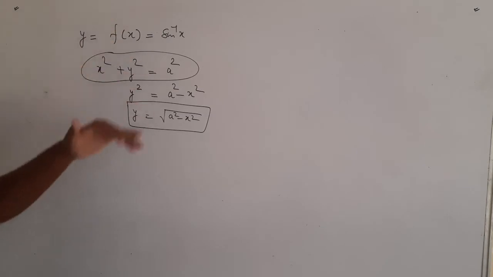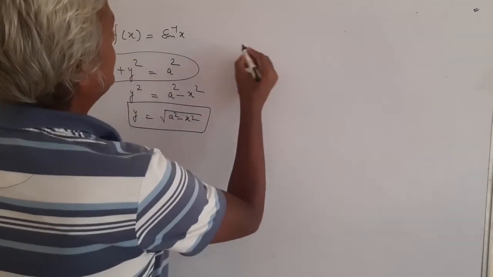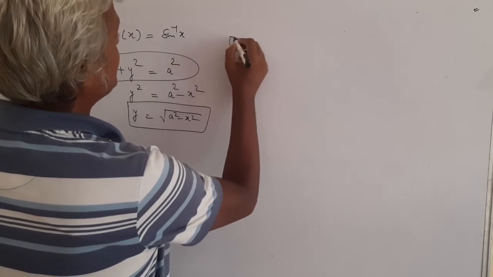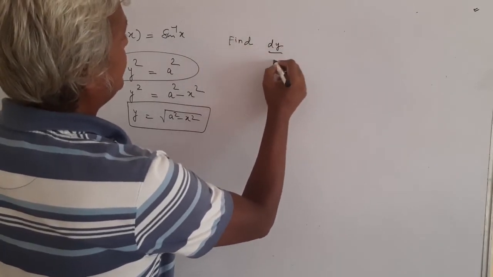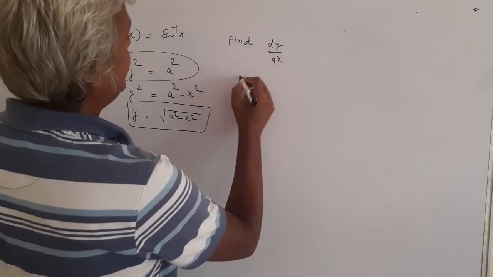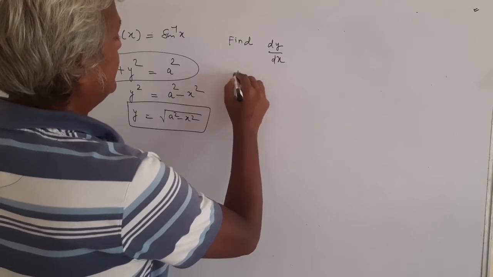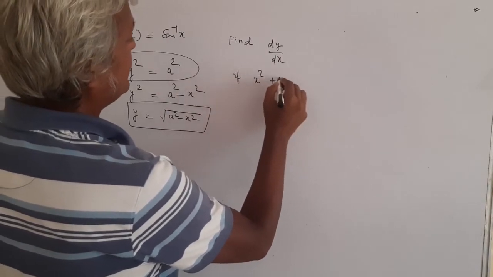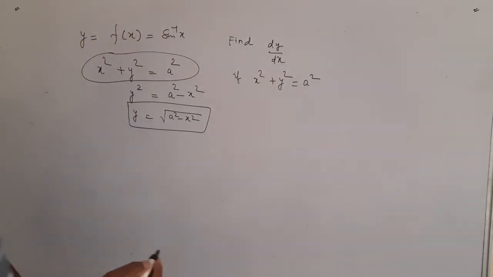Now I'll take some examples and try to explain. Suppose I take the same example. Suppose the question goes like this: find dy over dx if x square plus y square equals a square. Then how to do that?